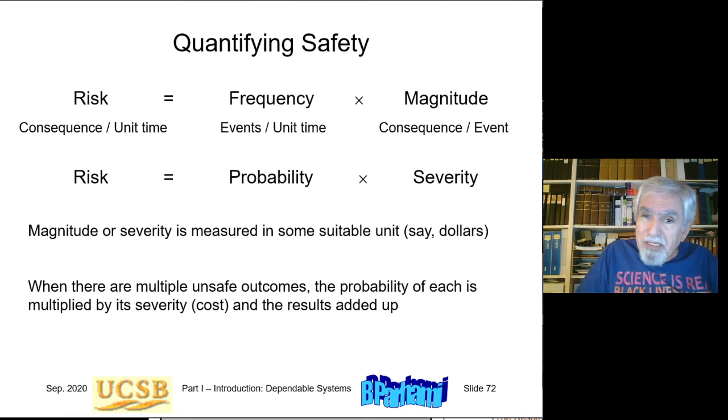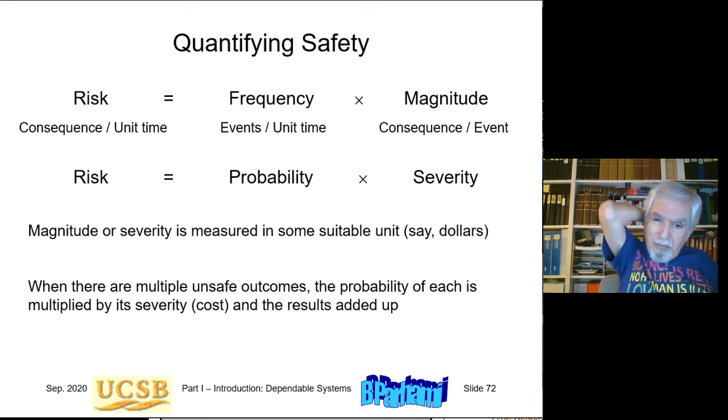Okay, so this is a very simple view of risk. It's a product of a probability and severity. The magnitude of severity is often measured in some suitable units, say dollars. And this is one of the, I don't know, regrettable things that we do in safety engineering. If the risk is to human lives, and we have to quantify that risk, we have to assign a dollar value.